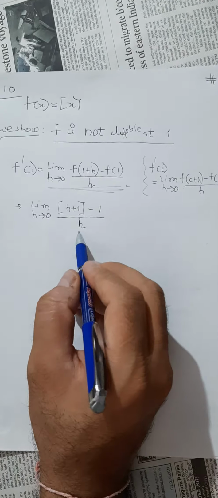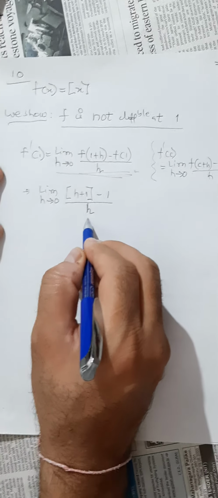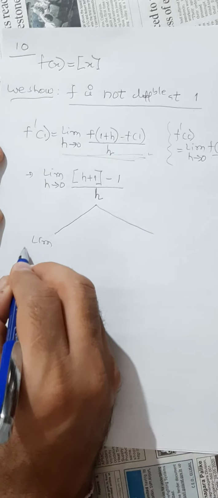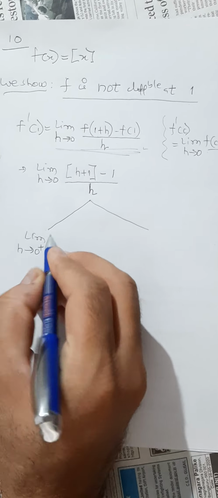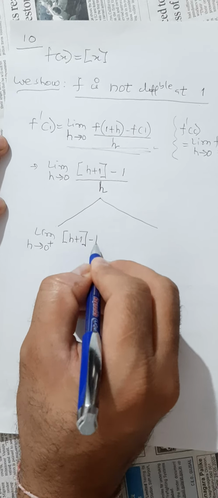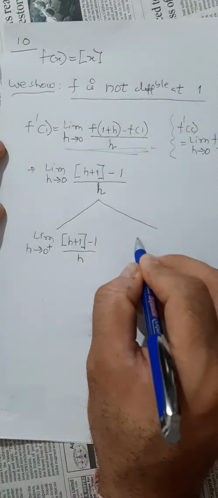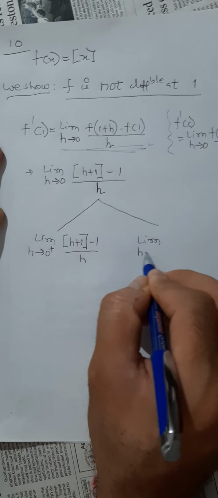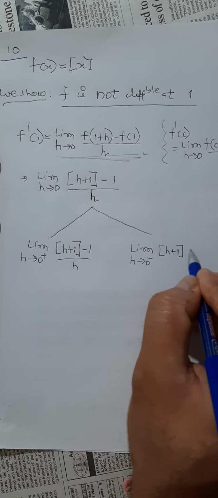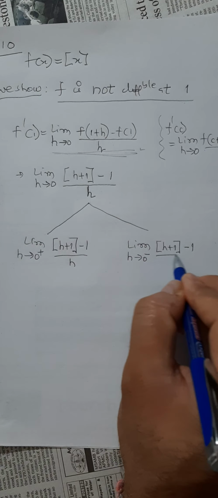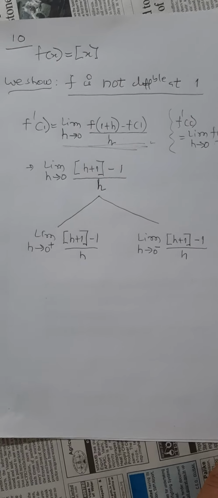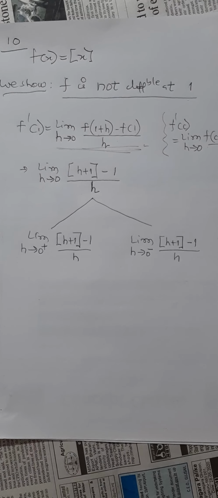Without that you cannot do this. So I'll split into 2 limits. Limit h tends to 0 from right, box of h plus 1 minus 1 upon h. Limit h tends to 0 from left, box of h plus 1 minus 1 upon h. And we'll notice that these 2 limits will be different.